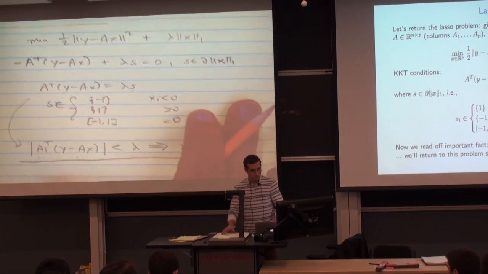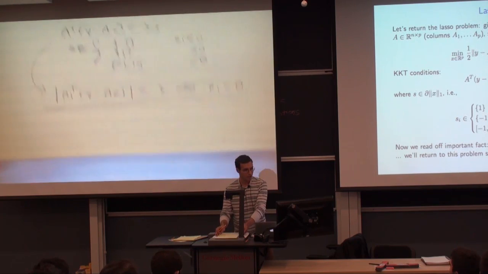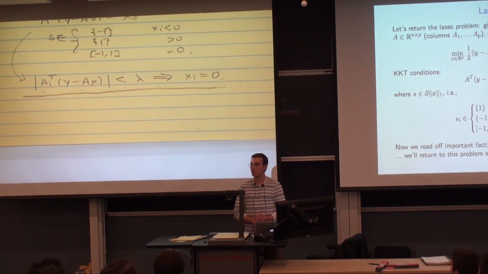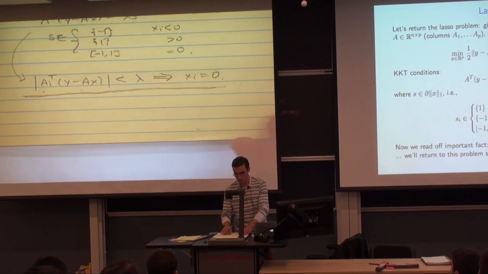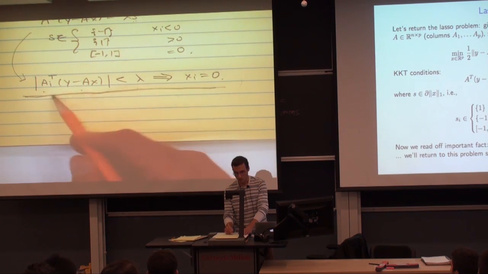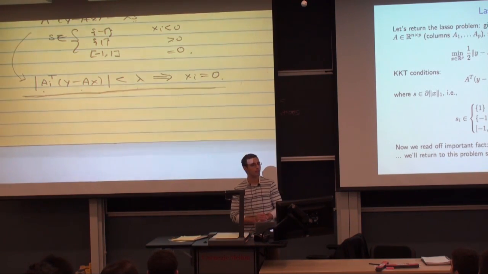Here's another kind of non-trivial fact that you could say from that. Suppose you ran a Lasso problem where you had a bunch of predictors, and you just found the solution and you looked at all the variables that had correlation less than lambda and equal to lambda.